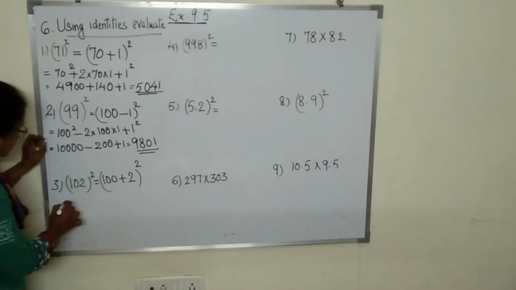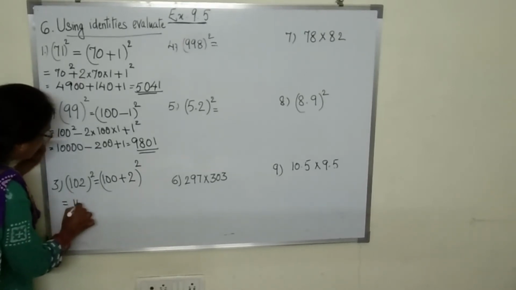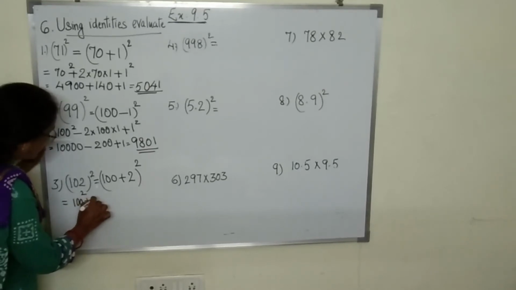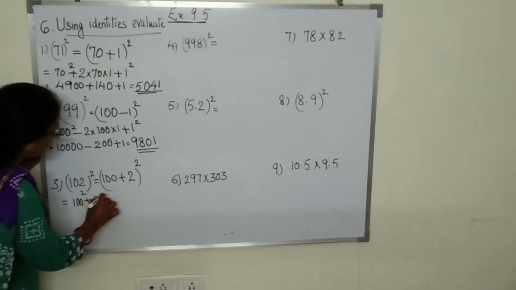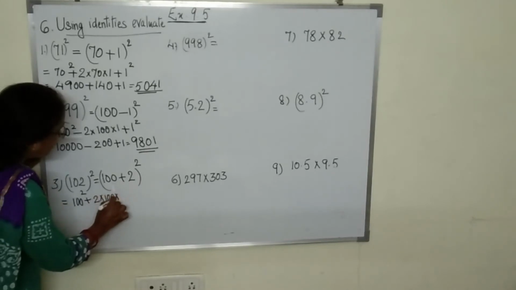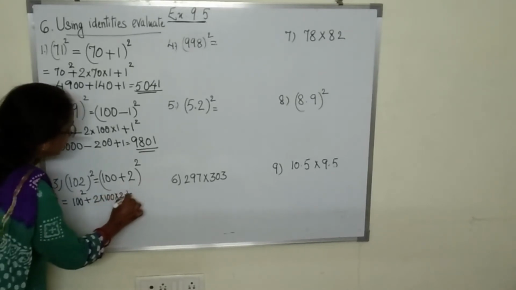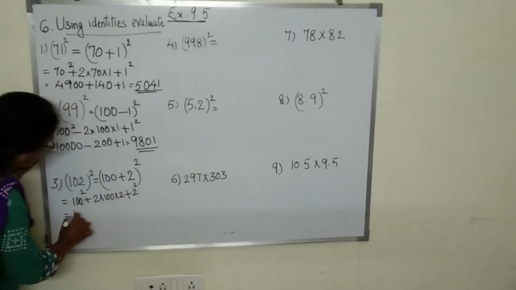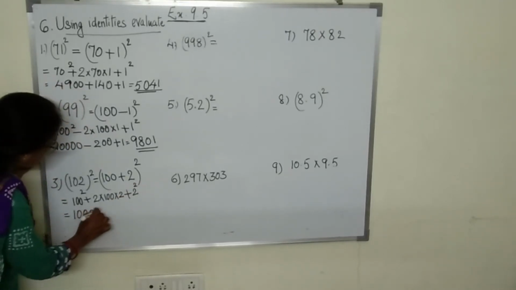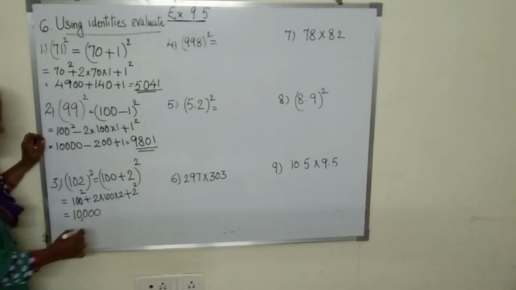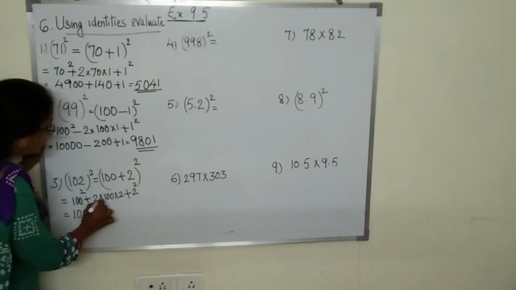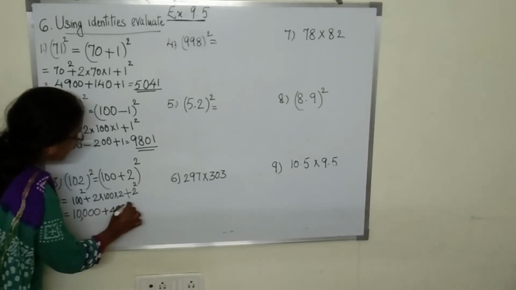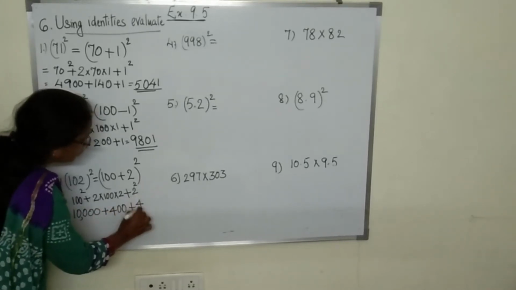Now this is equal to a square plus 2ab plus b square, that is 100 square plus 2 into 100 into 2 plus 2 square. 100 square is 10,000, 200 into 2 is 400, and square of 2 is 4.